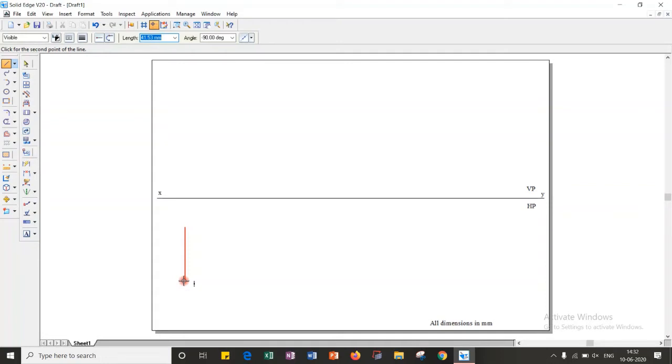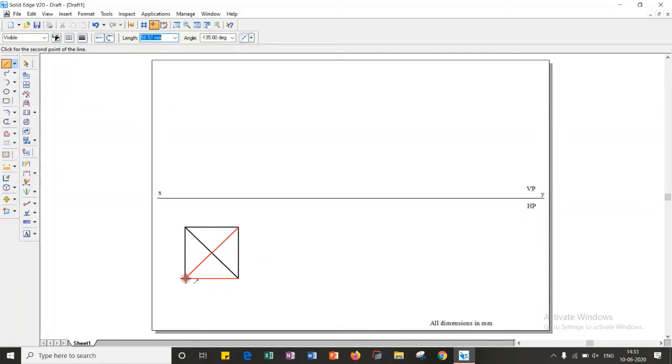A pyramid of base dimension 40, so this completes the base of the square pyramid kept in edge condition. You have to mark the center also.